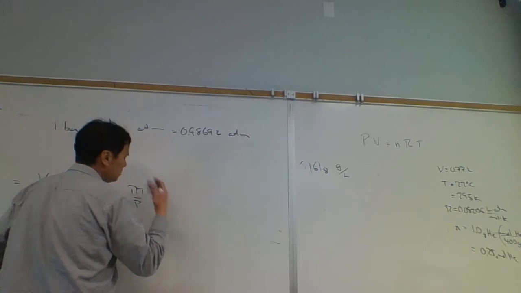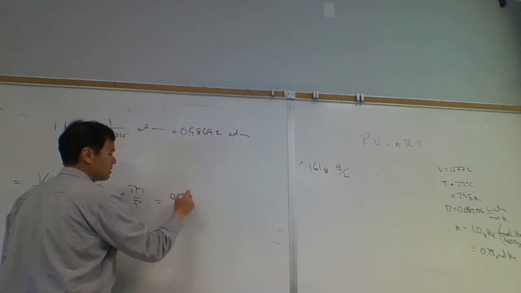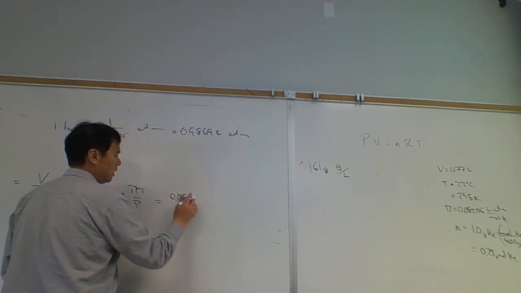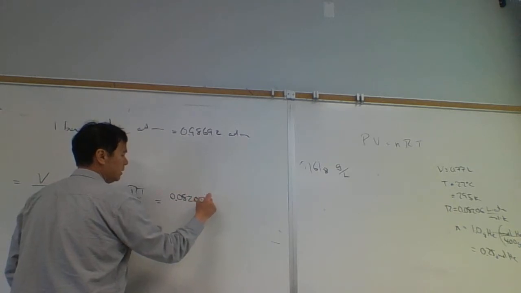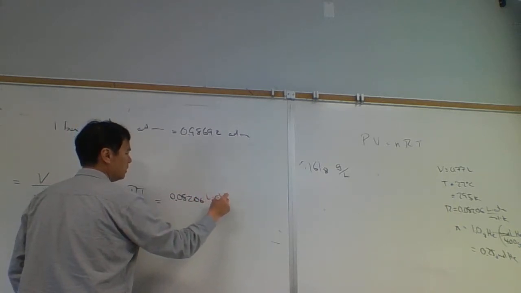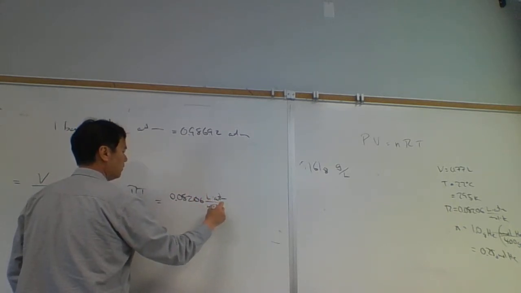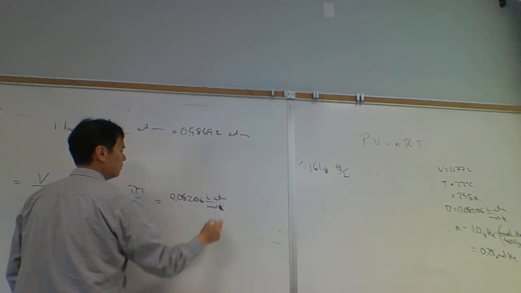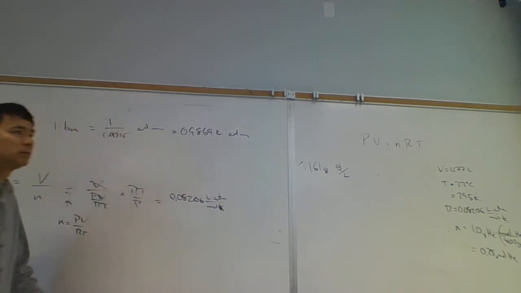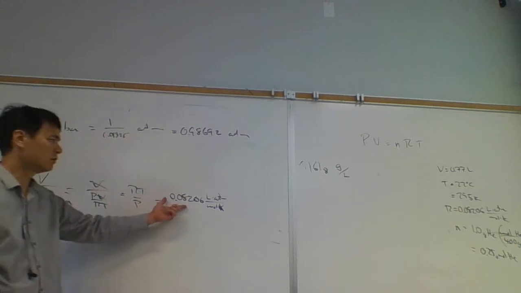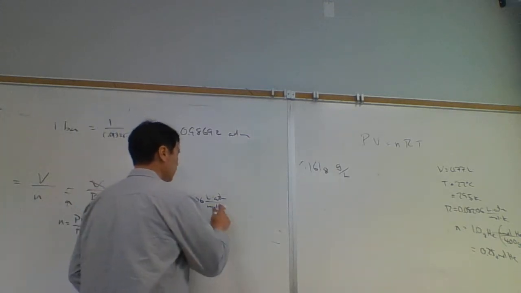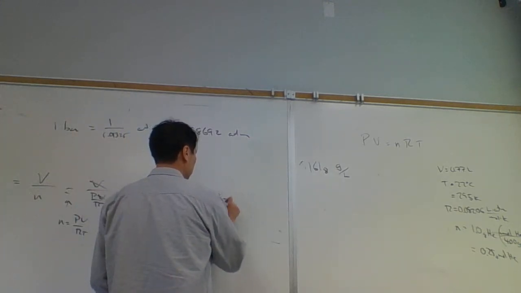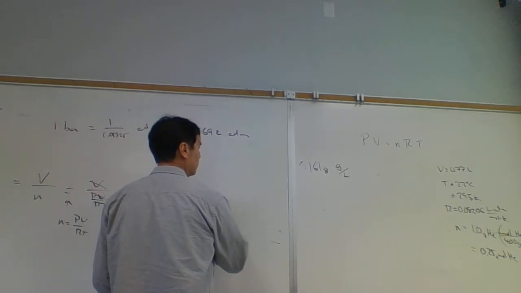Okay, R. I don't want to memorize a whole bunch of R's, so I just have one: 0.08206 liters times atmosphere per mole Kelvin. Now your book has a different R value for bar. But what I'm going to do is just convert from atmospheres to bar.